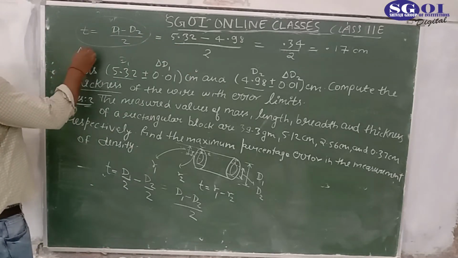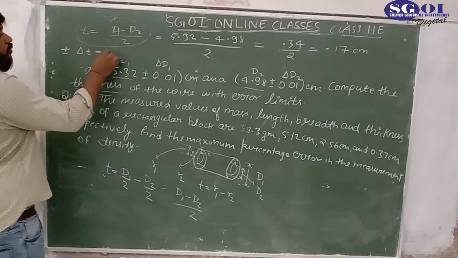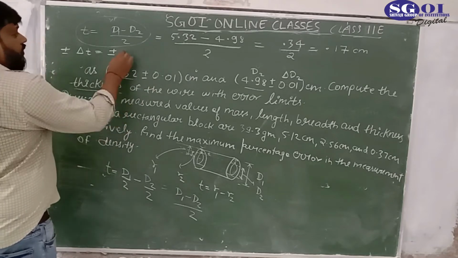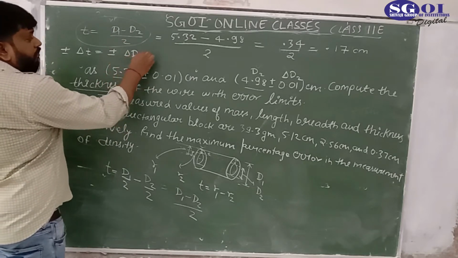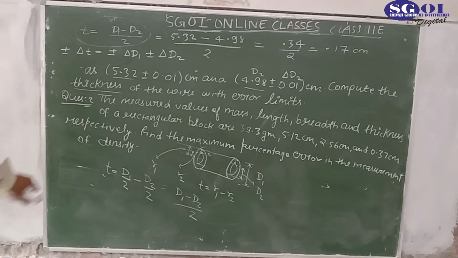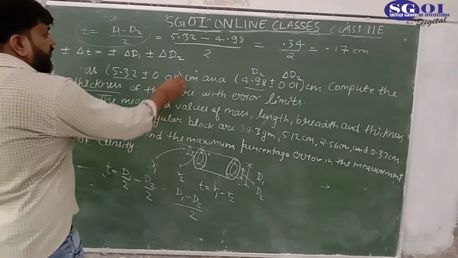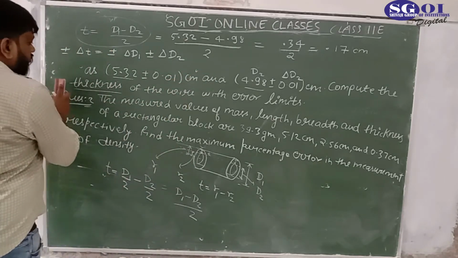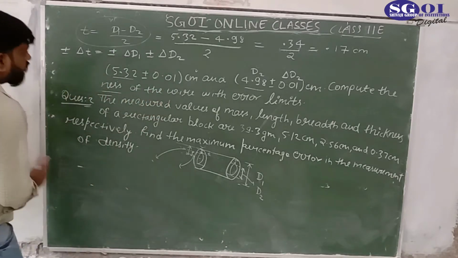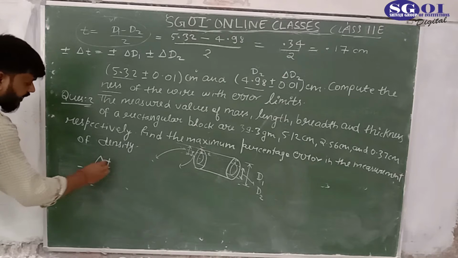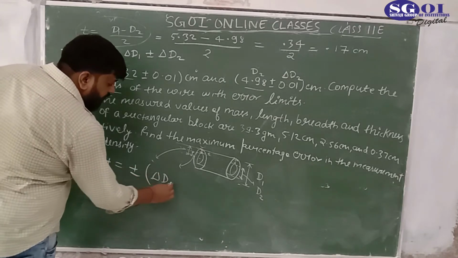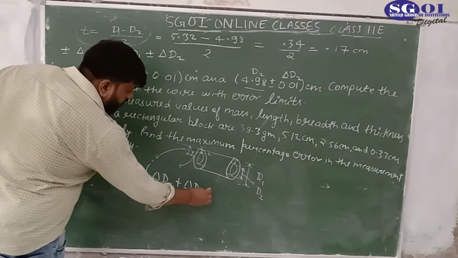Delta T equals plus or minus delta D1 plus delta D2, maximum.